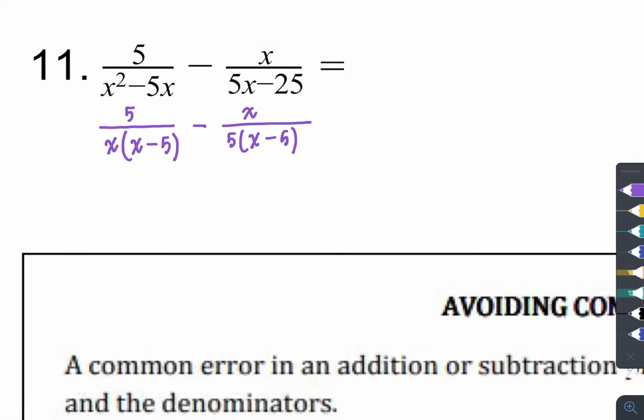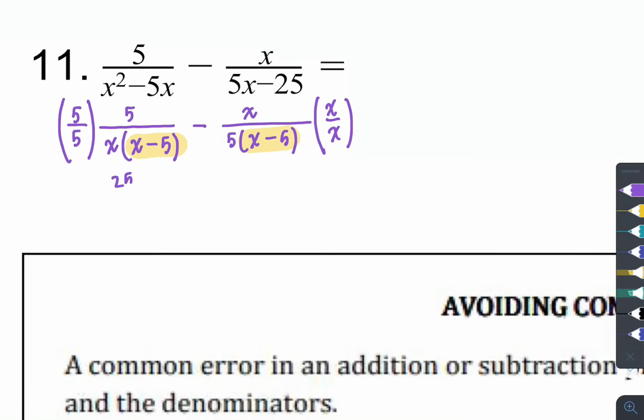All right, so we're pretty close. We've got x minus 5 in both of these. I'm going to multiply this one by x over x because it's what's on this side here. And then I'm going to multiply this side by 5 over 5 because it's what's here.